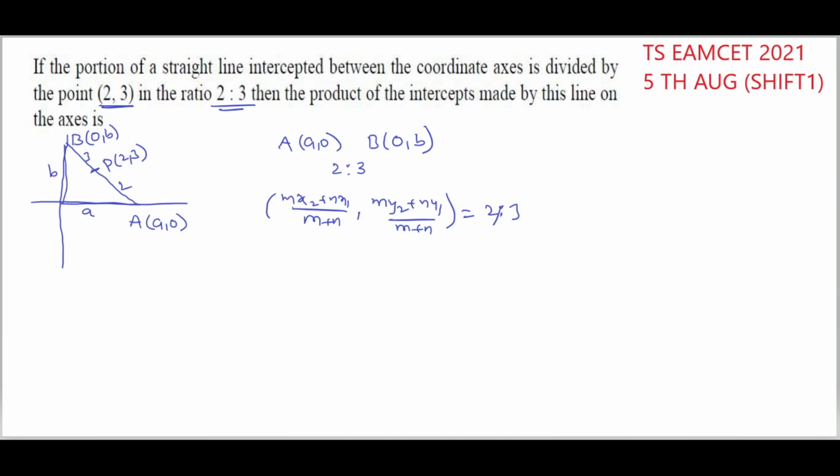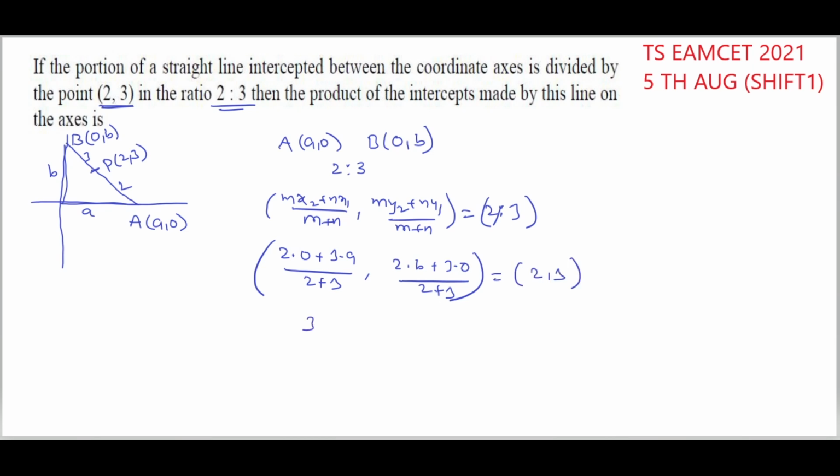This is the point (2, 3). So m x2 means 2 into 0 plus 3 into a, by 2 plus 3, comma 2 into b plus 3 into 0 by 2 plus 3 is equal to (2, 3).